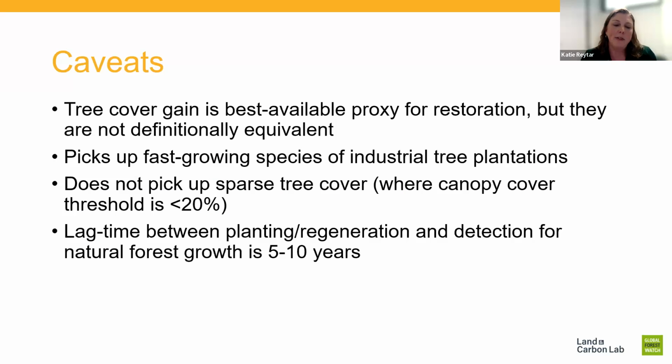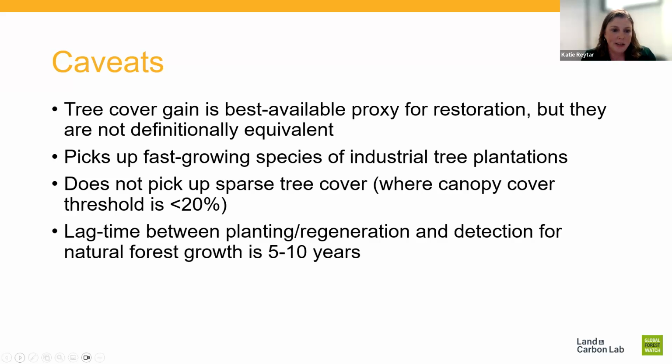And even with tree cover gain, it could be regrowth after a natural disturbance like a cyclone or a fire. Or, to the second bullet point here, some gain that is detected with this method is monoculture and industrial tree plantations, which are not typically restoration and could be ecologically harmful. So there is a lot of nuance to what you're seeing in this data that is important to tease out.